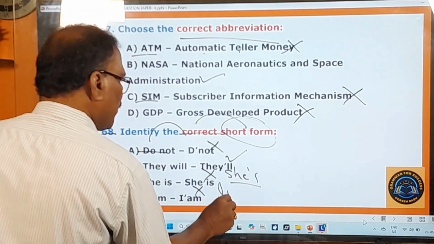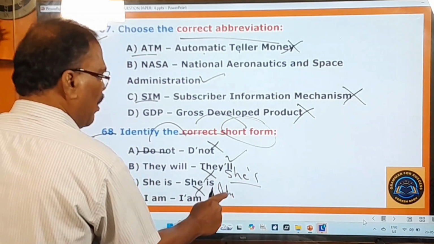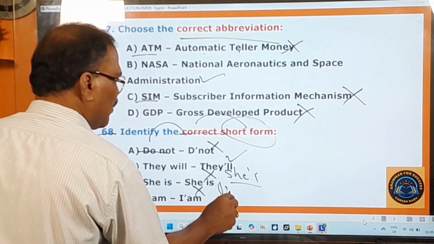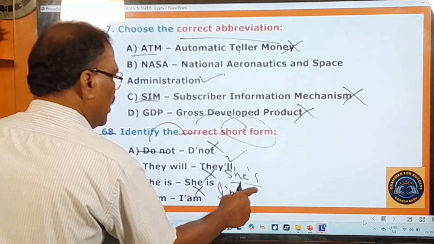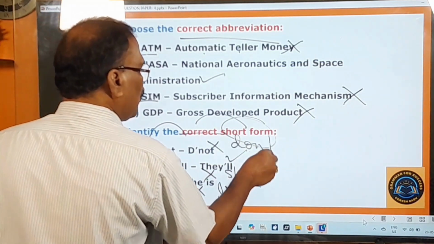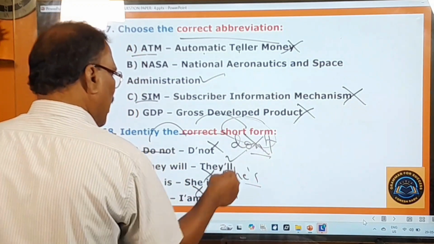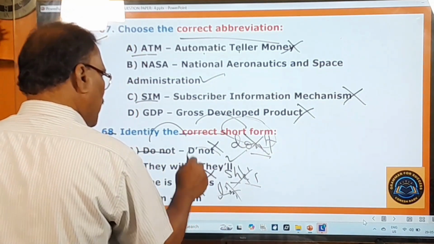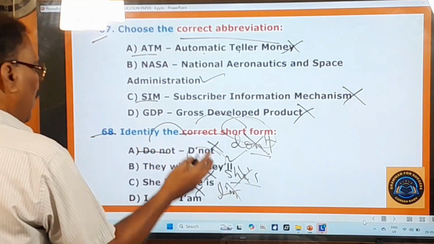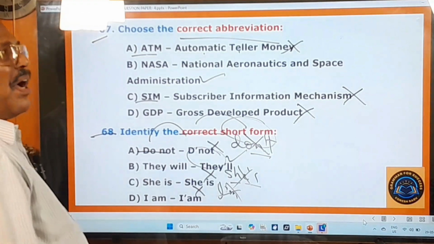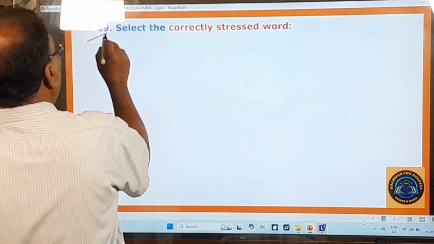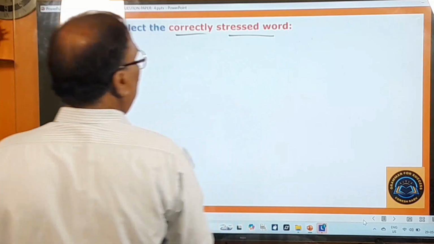I am means I apostrophe mark am. I am, she is. Do not don't. So ఇలా ఉండకుండా ఇలా ఉన్నాయి కాబట్టి they will use only the right one and all the others are wrong. Now you move on to other questions. 69th question, select the correctly stressed word.